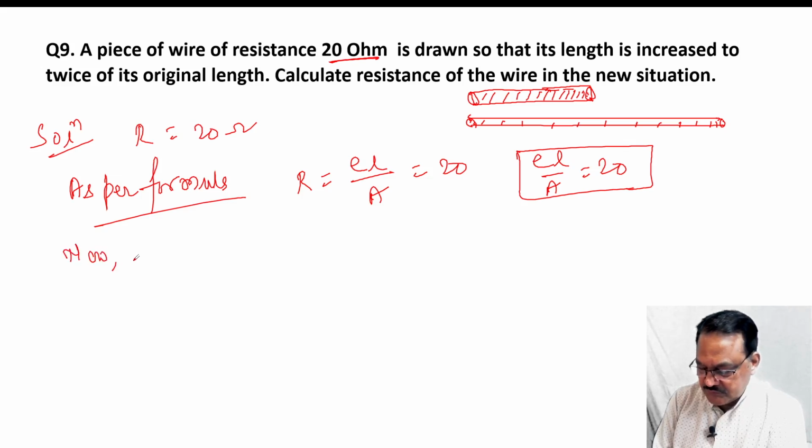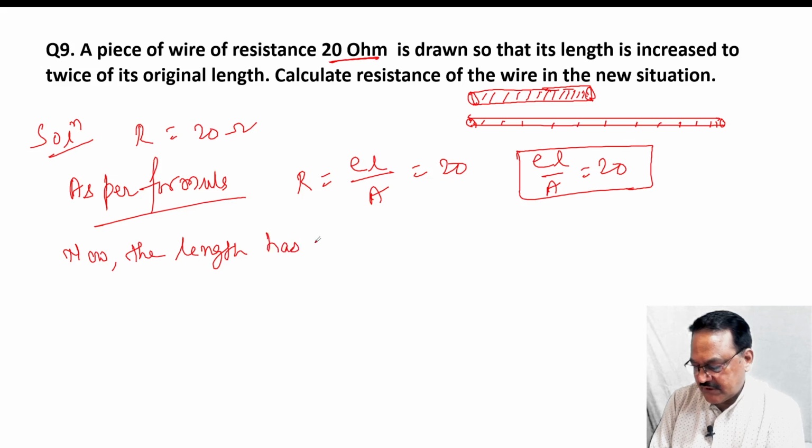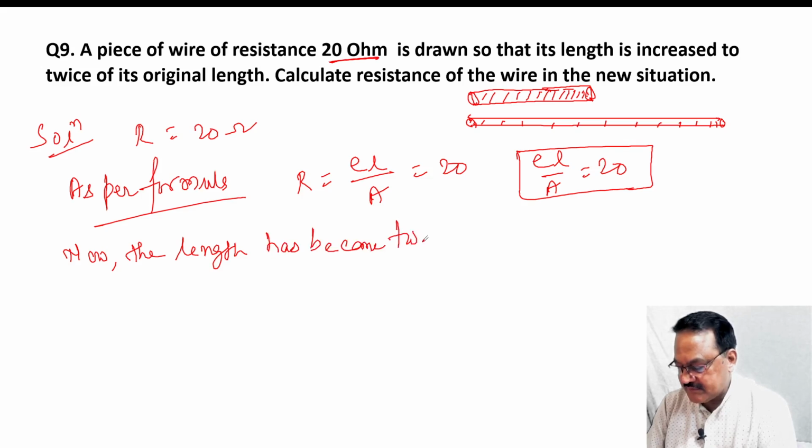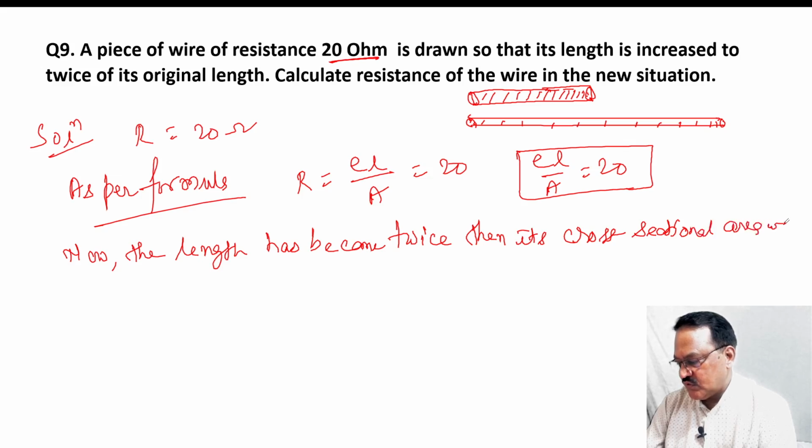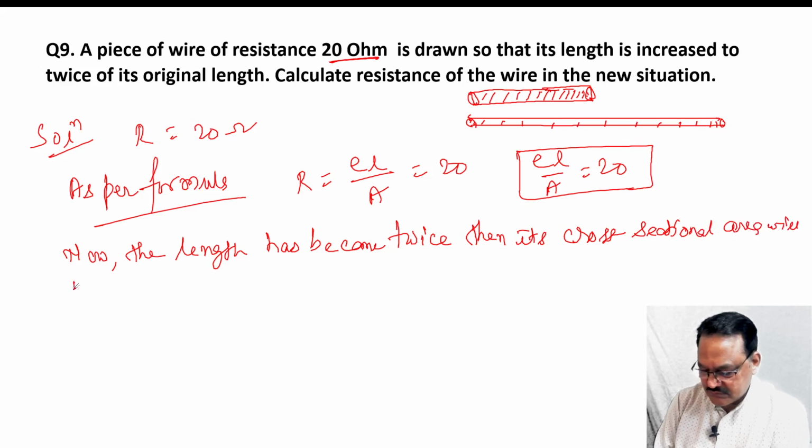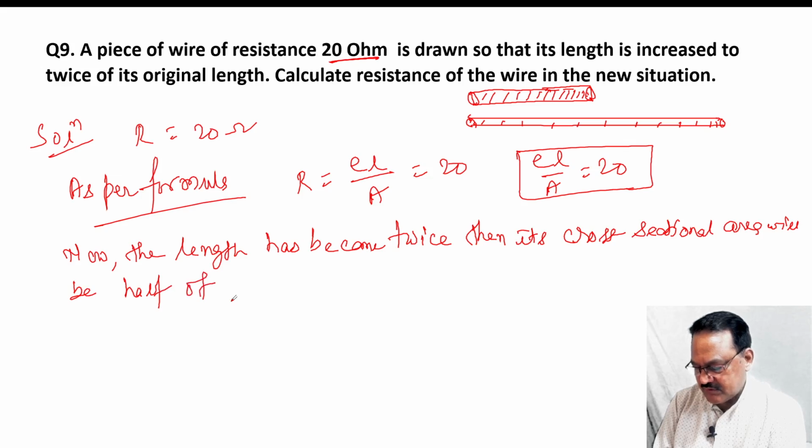Now the length has become twice, then its cross sectional area will be half of it.